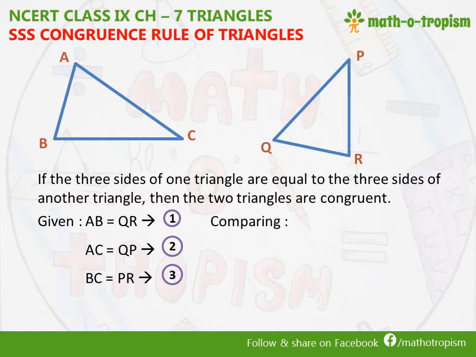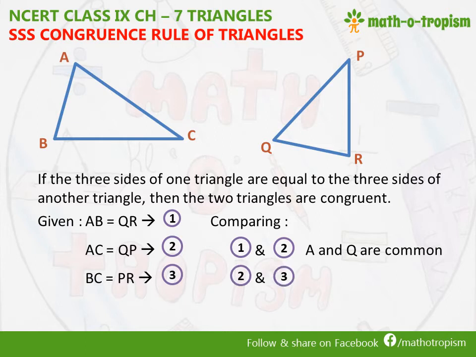So when we see the first two equations 1 and 2, on the left hand side the vertex A is common and on the right hand side Q is common. So we can see from 1 and 2 that A and Q are common vertices. Similarly, when we take the next one as 2 and 3, we can see that C is common and on the right hand side P is common. So C and P are the common vertices.